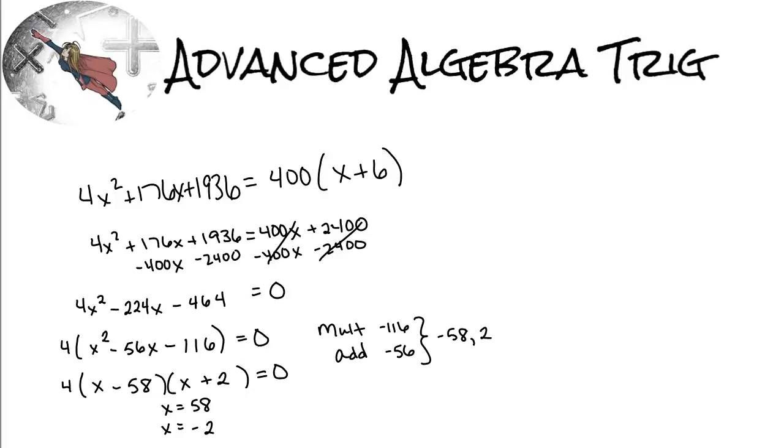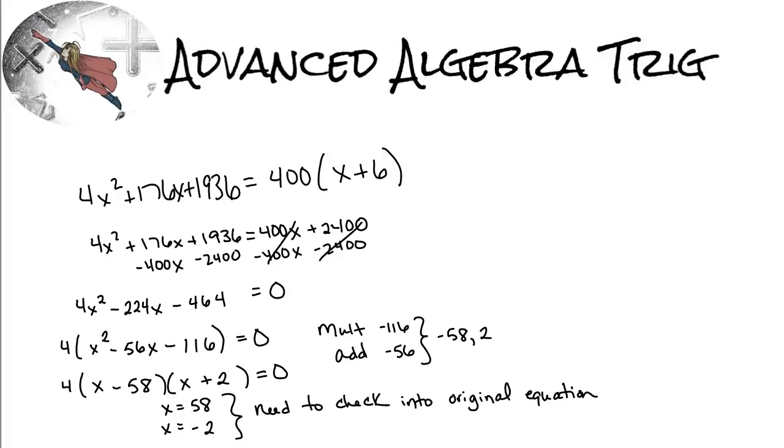Now the one final thing with this, you need to check both of these back into the original equation, because I'm trying to write too fast. Need to check into original equation, because one or both, or maybe none, are extraneous solutions.